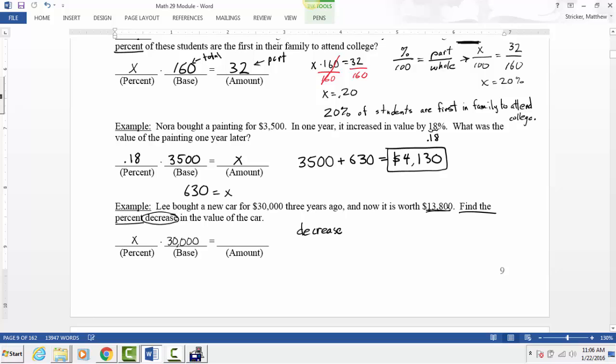What was the decrease? Well, it decreased down to that much. So to find the amount it decreased by, we have to subtract. We have to take the 30,000 and subtract 13,800. And when we do that, you get 16,200. And so that's how much it decreased by. That's the amount of decrease. And so when we solve, we just take our x times 30,000 equals 16,200.